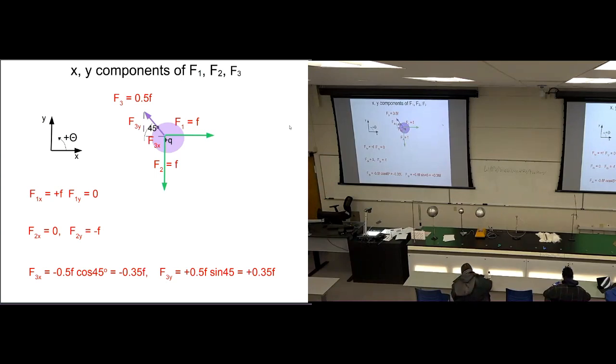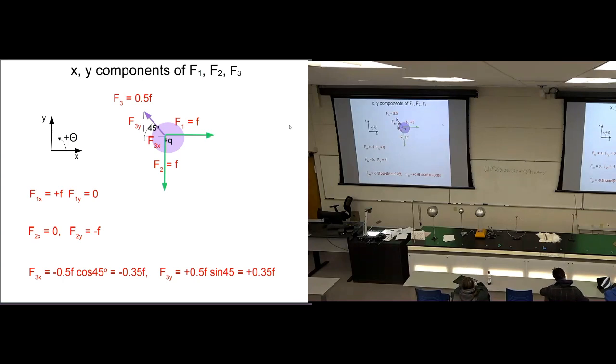Little bit more complicated here with force number 3. It points up and towards the left, so it has a positive y component, a negative x component, but I can just use the sine and cosine of 45 degrees to find the adjacent and opposite sides, which are the vertical and horizontal components of this triangle, and that will tell me the two components of F3.